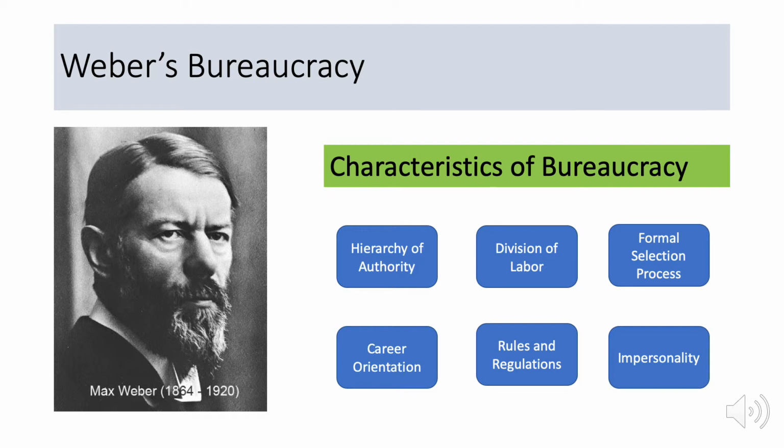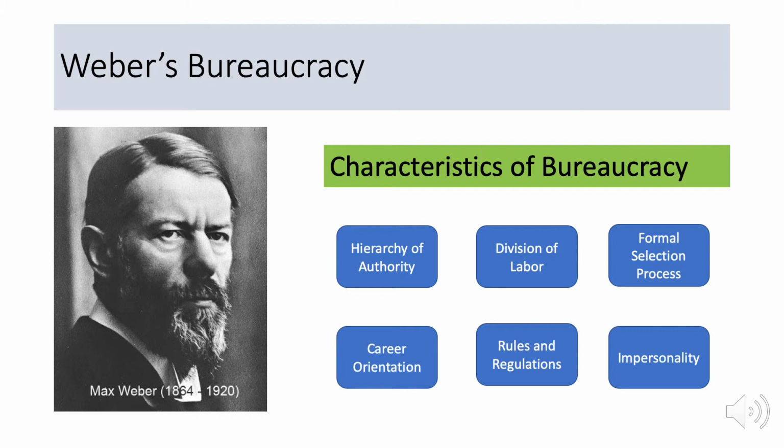Division of labor, which means that tasks are clearly defined and employees become skilled by specializing in doing one thing. This is a clear definition of authority and responsibility. Formal selection process: employee selection and promotions are based on experience, competence, and technical qualifications demonstrated by examination, education, or training. And then we have career orientation.